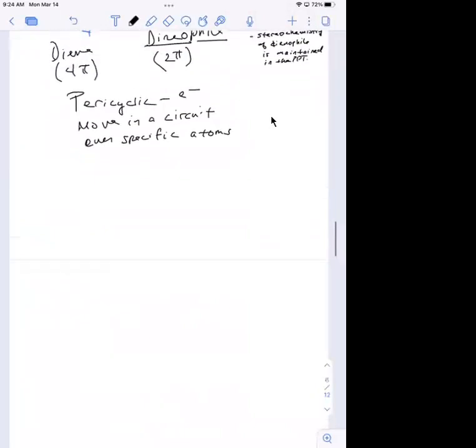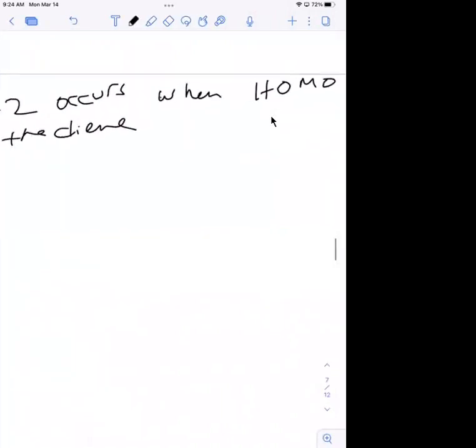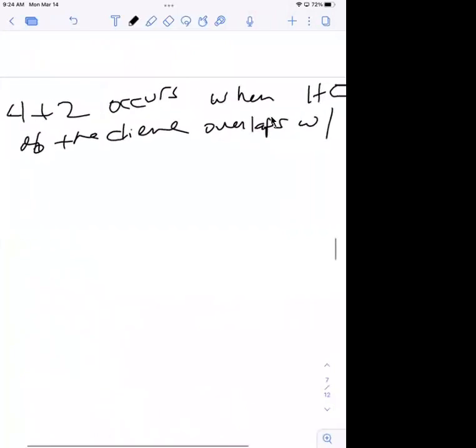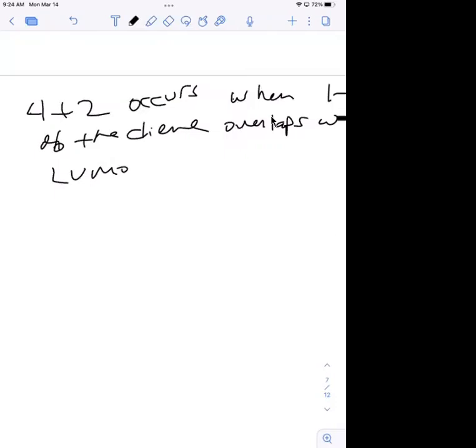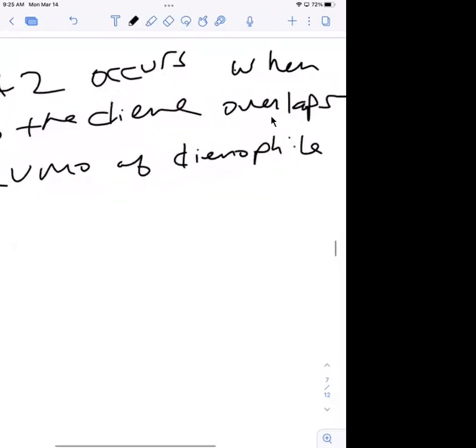In any 4+2 cycloaddition, it is an interaction between the HOMO of the diene and the LUMO of the dienophile.